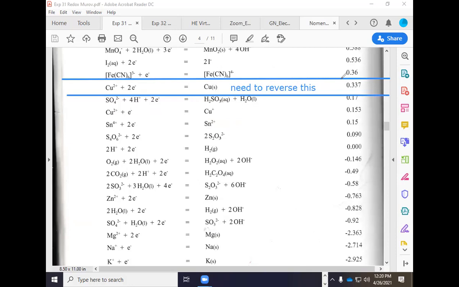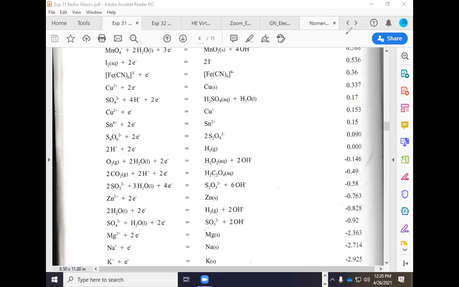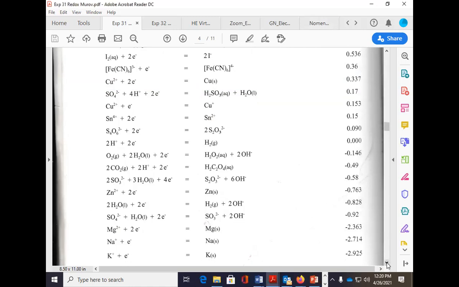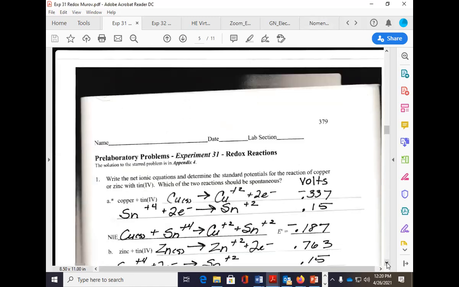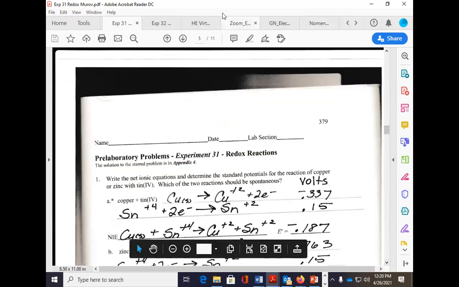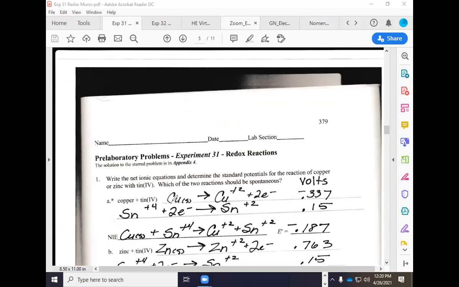So we take a look at what the book has given us, and for going this way, the book has given us a positive 0.337, but we need to reverse this. So let's take a look at what happened when we reversed this. So this is just the copper that we're looking at: the copper solid going to copper plus 2 electrons. Look what happened to the sign. We had to reverse the sign.